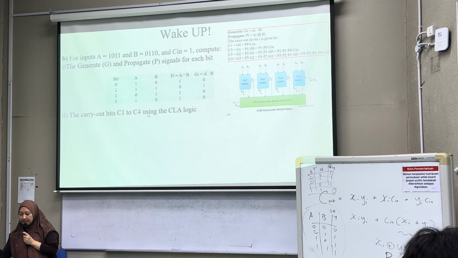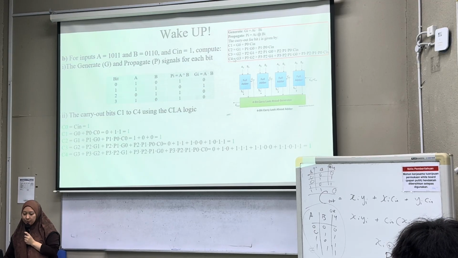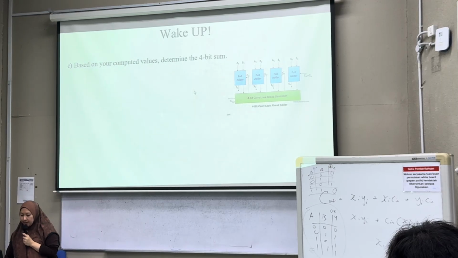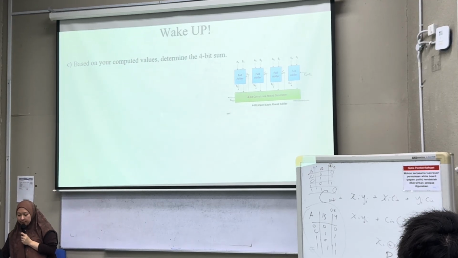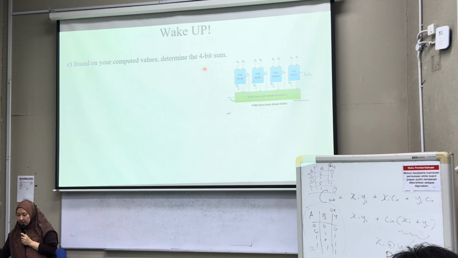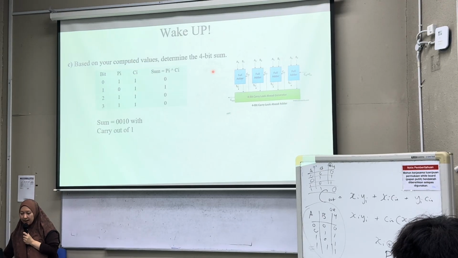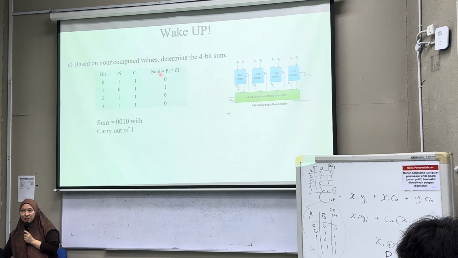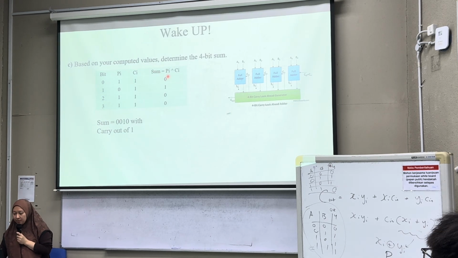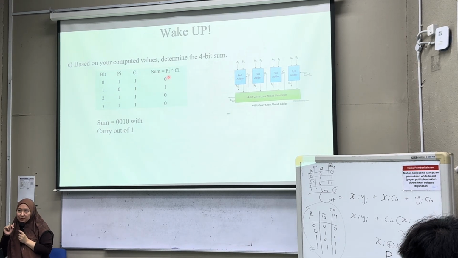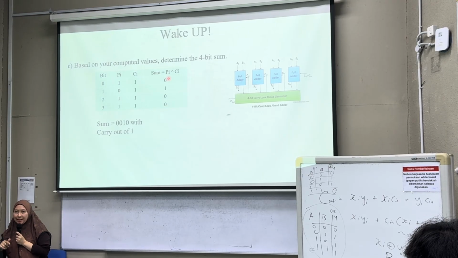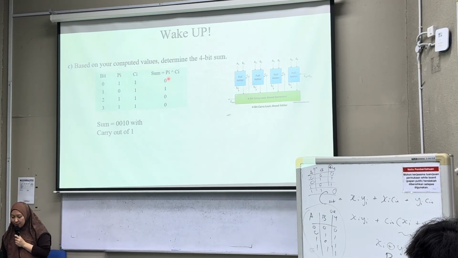Then you find the C out. You use this one by one: C1, C2, C3, C4. Now, based on the computed values, determine the following sum. Find the sum. So the sum is not the G. Sum is P. Basically, what is sum?